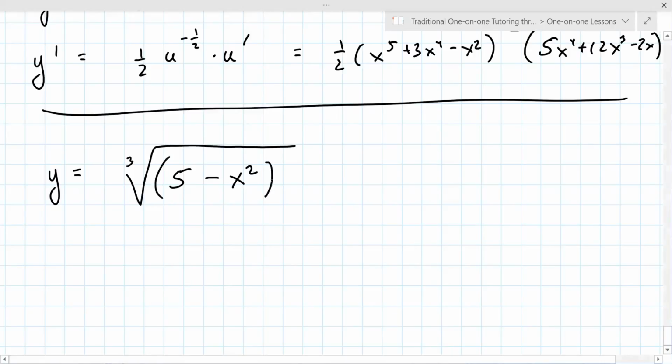So this is y equals 5 minus x squared to the 1/3 power.